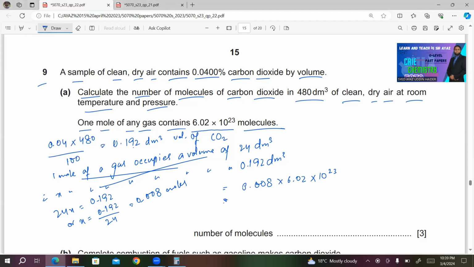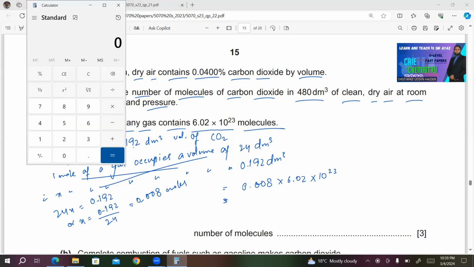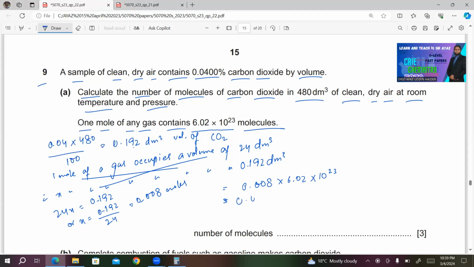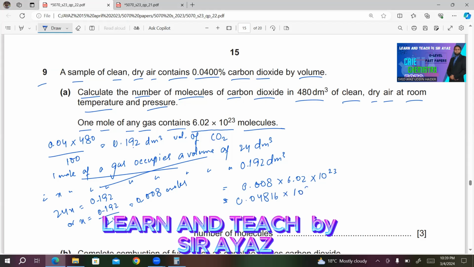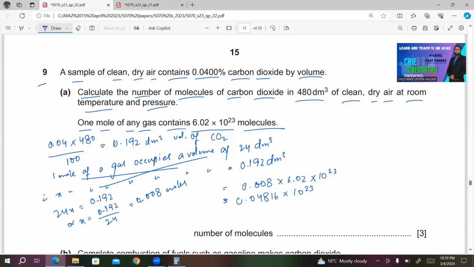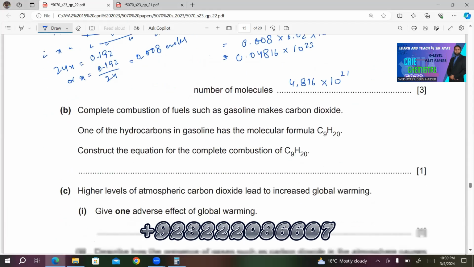What we will get? 0.008 multiplied by 6.02, 0.04816 into 10 raised to the power 23, or 4.816 into 10 raised to the power 21. This will be the final answer for this question.